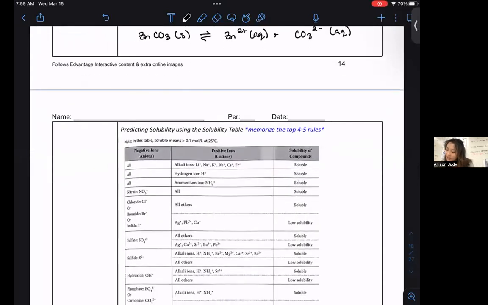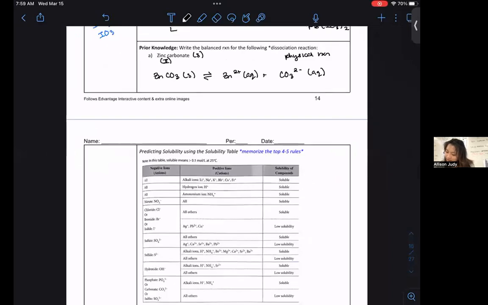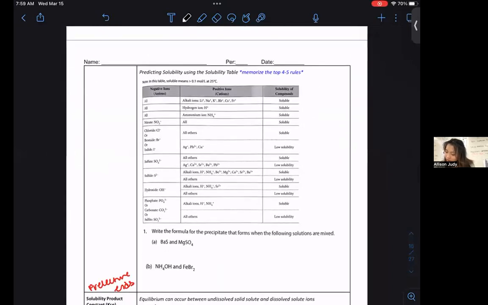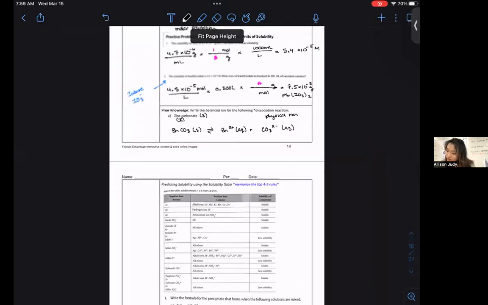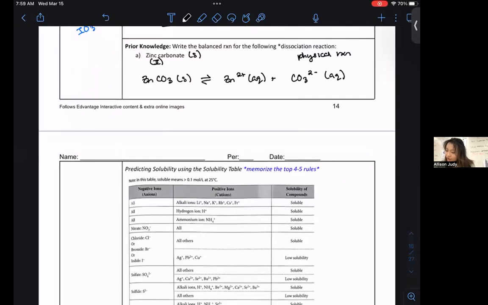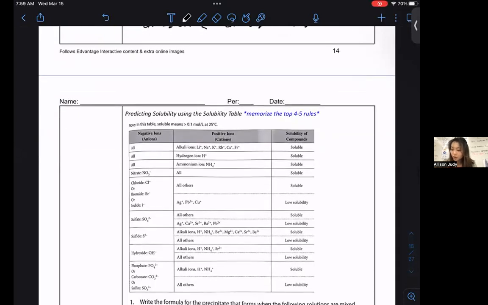All right. And what we then look at is when we think about dissociation reactions involving two ionic compounds in a mixture, right? Then what we have is a double displacement reaction.